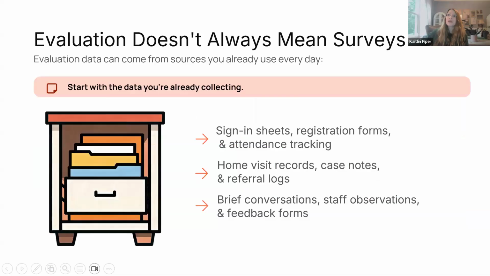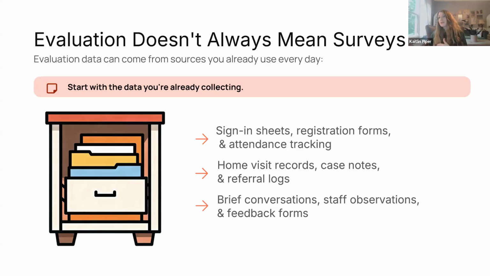And when many people hear the word evaluation, they immediately think about surveys, right? And surveys can be great and they can be useful and they for sure serve a purpose. But evaluation data can come from many different places, and often the best place to start is with the information that you're already collecting. And I'm sure all of you are already collecting different types of information.